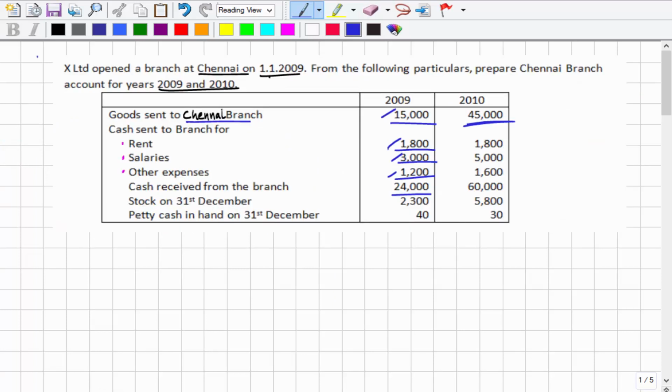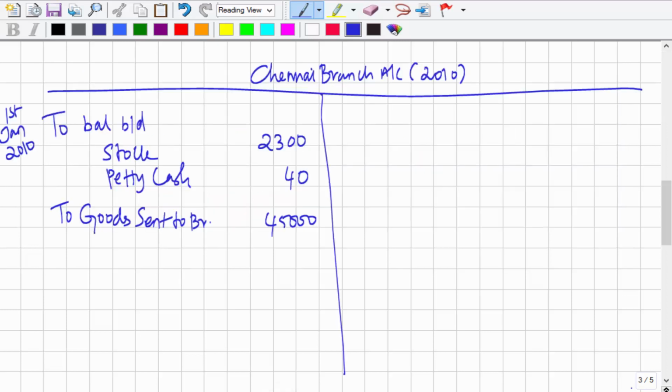Next item, we have cash sent to branch for rent, salaries and other expenses. So we'll write to cash, one is for rent, one is for salary, and one is for other expenses. And what are the values?